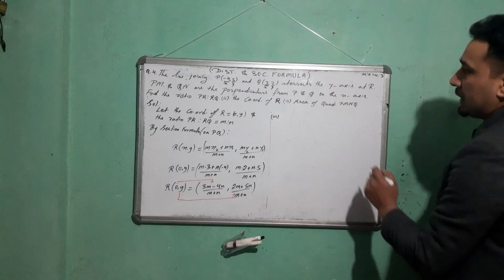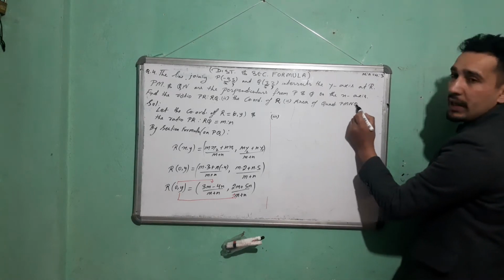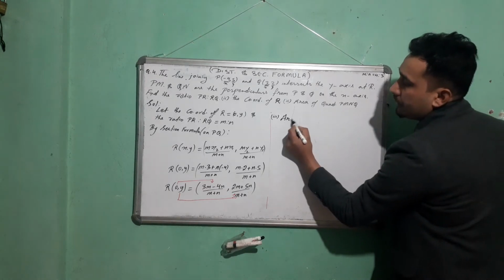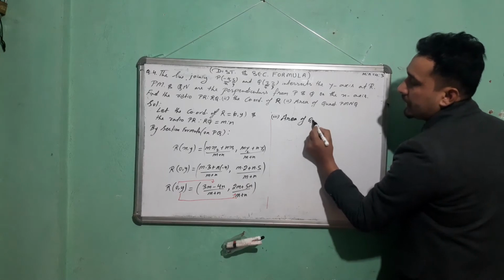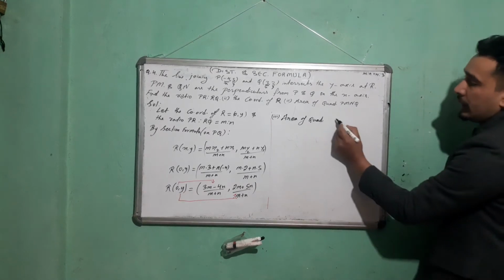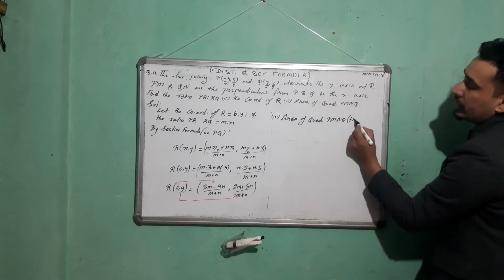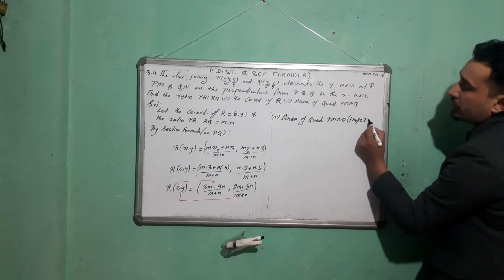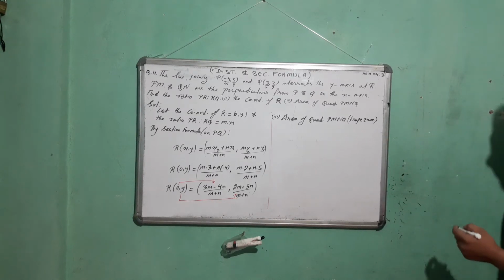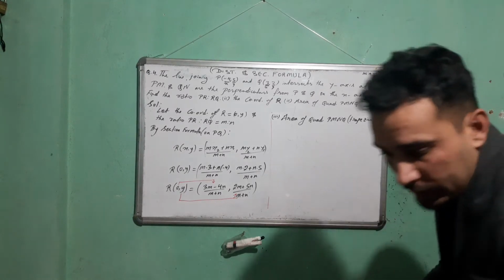Next, number 3 is area of quadrilateral PMNQ. Quadrilateral PMNQ. This is a trapezium. This figure is a trapezium. I had shown you the picture of this figure.